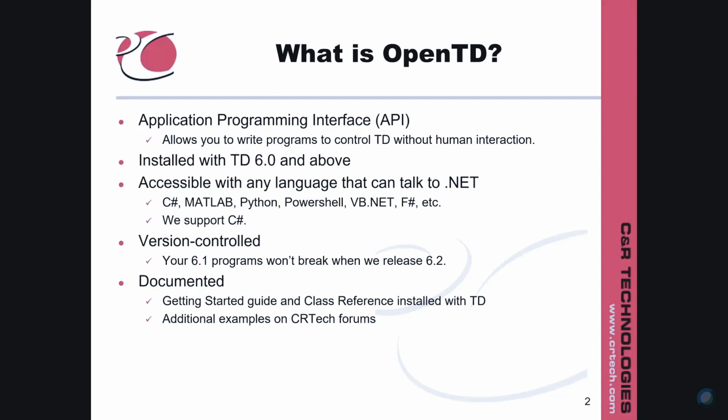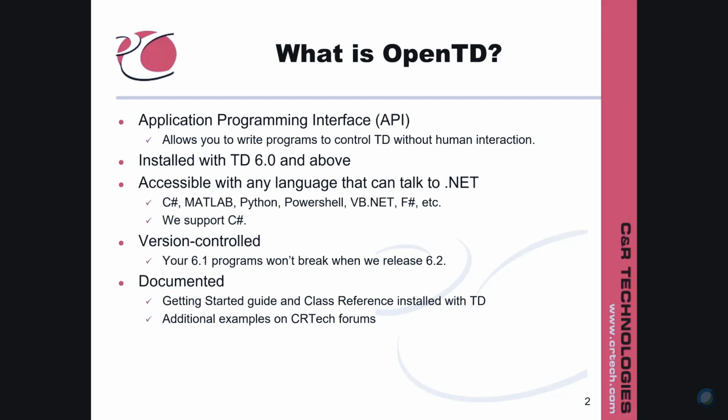You can access it with any language that can talk to the .NET framework. We recommend using C#, but people have used it successfully with MATLAB, Python, PowerShell, a bunch of stuff. It's version controlled. And what does that mean? That means that when we release 6.2, if you've written a program that works with OpenTD 6.1, it won't break.